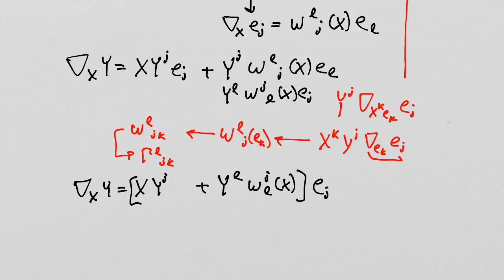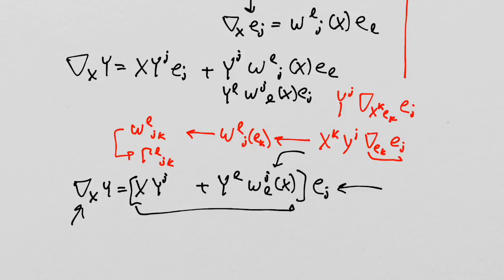And now you see that this guy is a vector. This is the component, and this is the basis vector. And that's actually what we're after, although we haven't really accomplished all that much except to cram the lack of clarity into this thing right here.